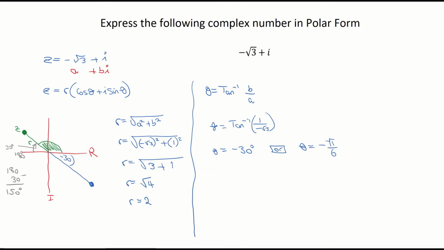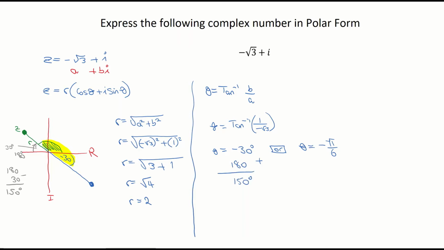So in other words, my angle is not negative 30. I want to use the angle as 150 degrees. Another way you can look at that is to take a look at the picture. This straight line must add up to 180 degrees. I've already marked on 30 degrees, so the remaining green angle must be 150. A quick way of looking at that is to add 180 degrees to your negative 30, which brings me to 150 degrees.